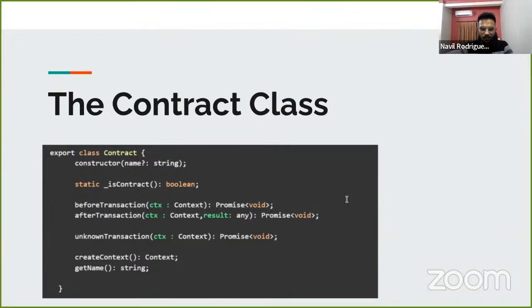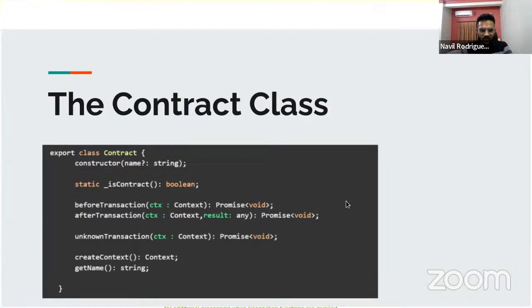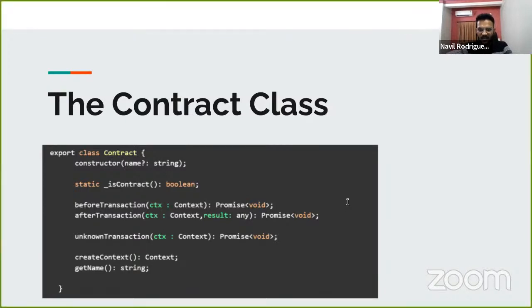This beforeTransaction is a function which is invoked before any transaction functions in the smart contract are invoked. We can override this default function and implement our own logic. Then comes the afterTransaction. This function is invoked after a particular transaction function is invoked.